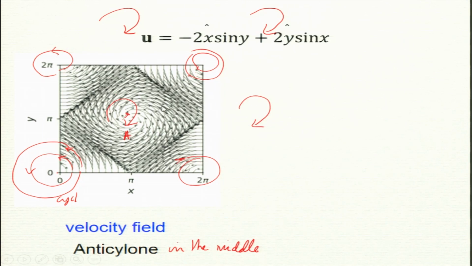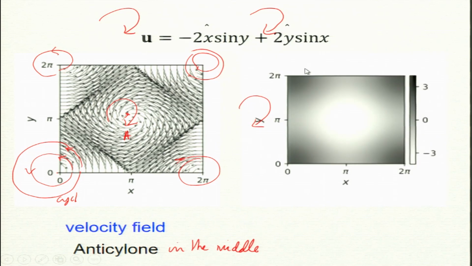This is my stream function, and omega z and the stream function are the same functions as on the previous slide. Omega z and the stream function have very similar properties: here omega z is positive, and it is negative here.